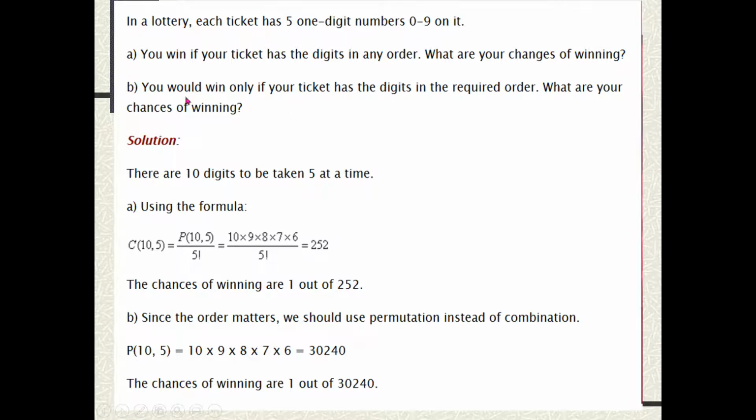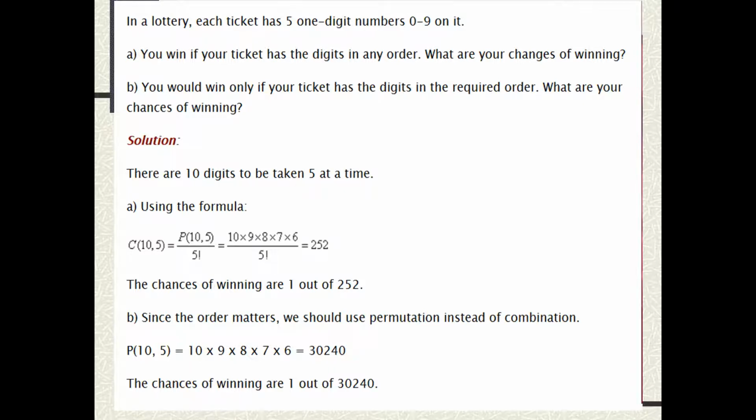In scenario B, you would win only if your ticket has the digits in the required order. What are your chances of winning? Now, order matters, so you will apply the formula of permutation, that is 10P5, and you can easily calculate that it will come out to be 30,240 different ways.